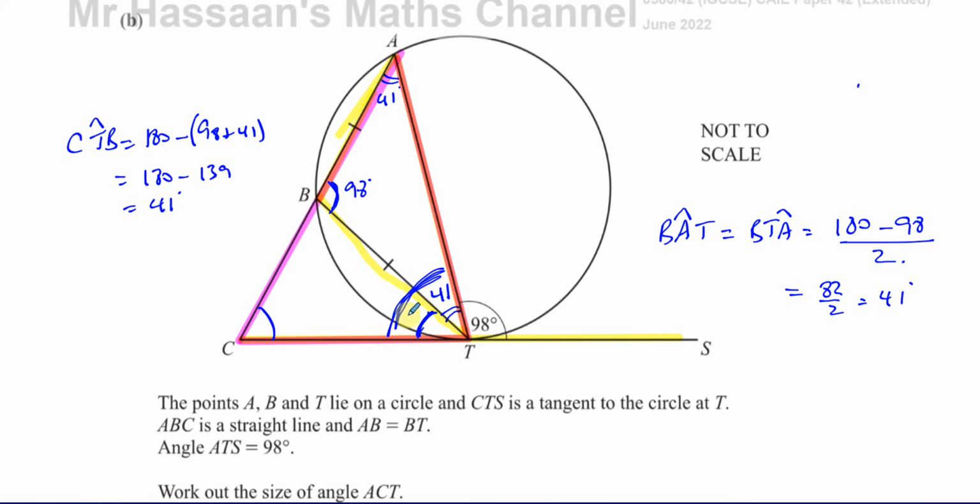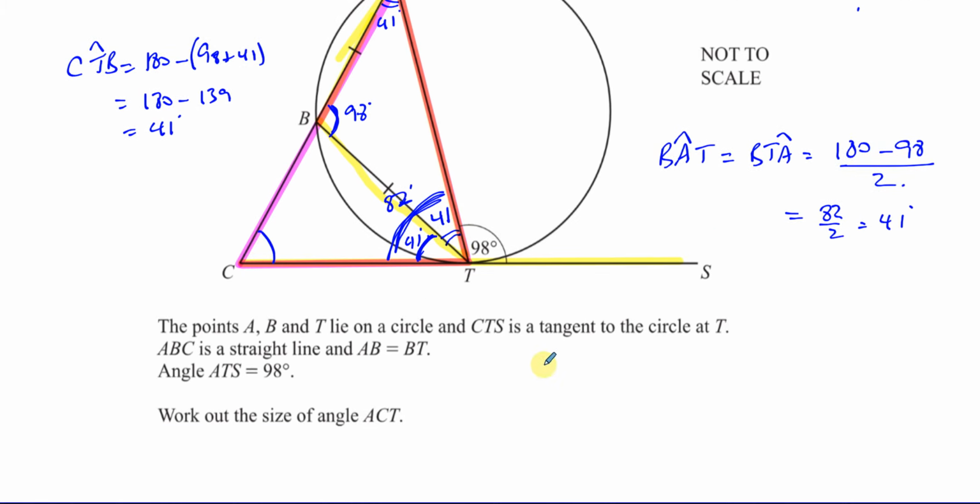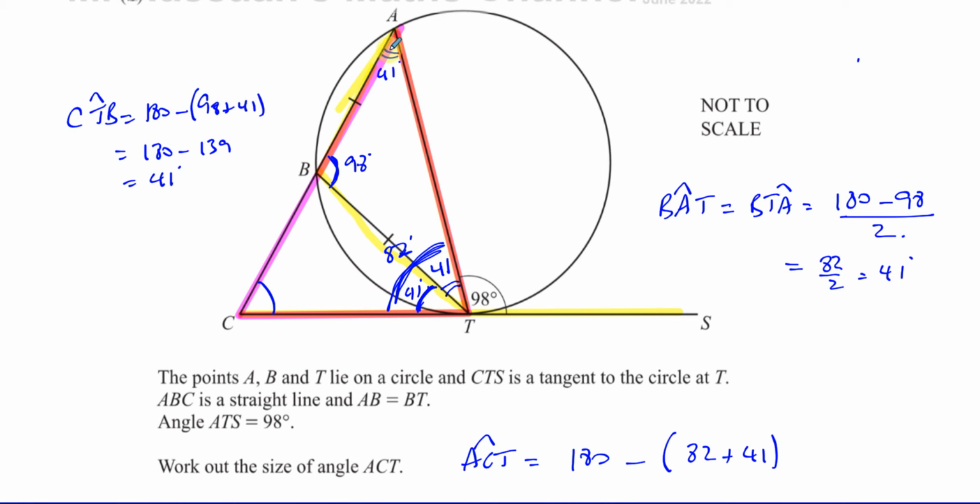So this is also 41 degrees. Okay, so the total angle here is going to be 82 degrees. So I can now say the angle that we're trying to find, which is angle ACT. Okay, I can say ACT, therefore, is going to be 180 minus, and I'm going to have 82 plus 41. 180 minus 82 plus 41.